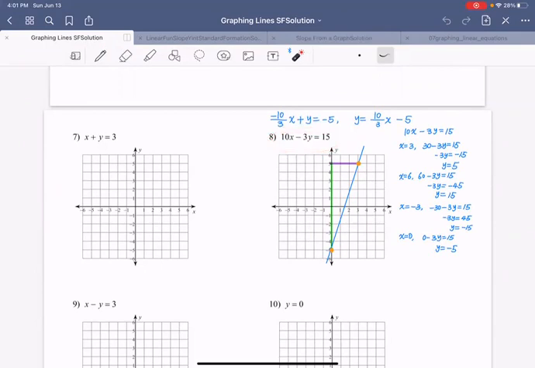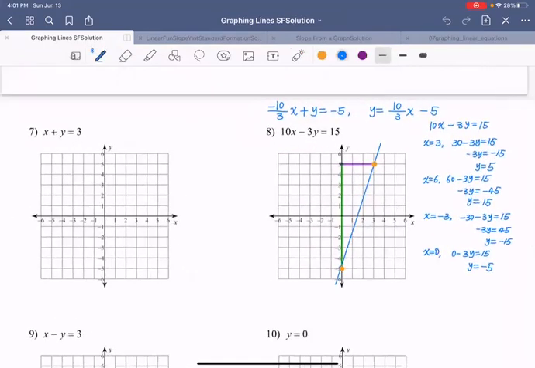Don't worry, Ethan already gave us many pairs. You see here, (3, 5) is the first point. (6, 15) is the second one. (-3, -15), and (0, -5). You have so many points you can choose. The slope is always the same. It's the same line, so the slope is the same.